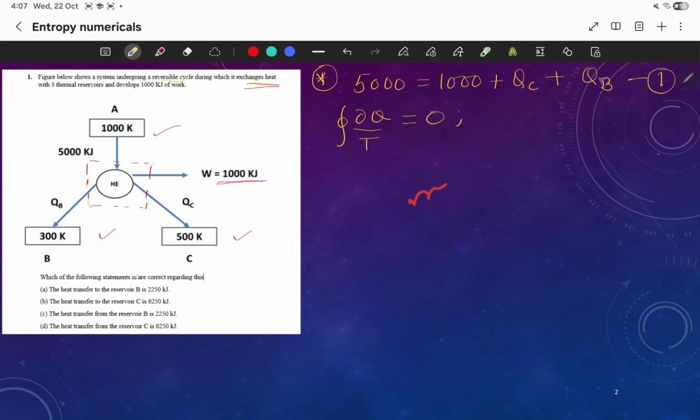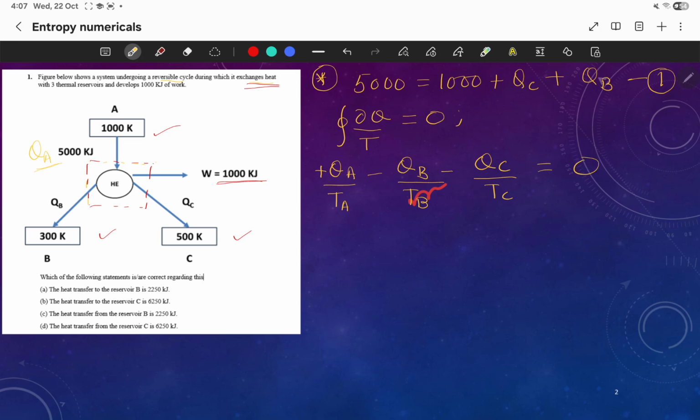So if I take this as QA, we will write QA upon TA minus QB upon TB plus QC upon TC equals 0. You can see this QA heat is coming into the system, so we take it as positive, and this QB heat is going out from the system, so we take it as negative.